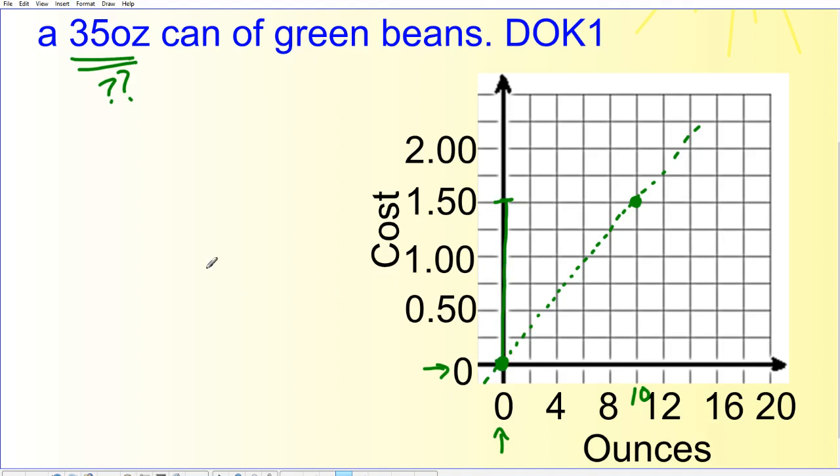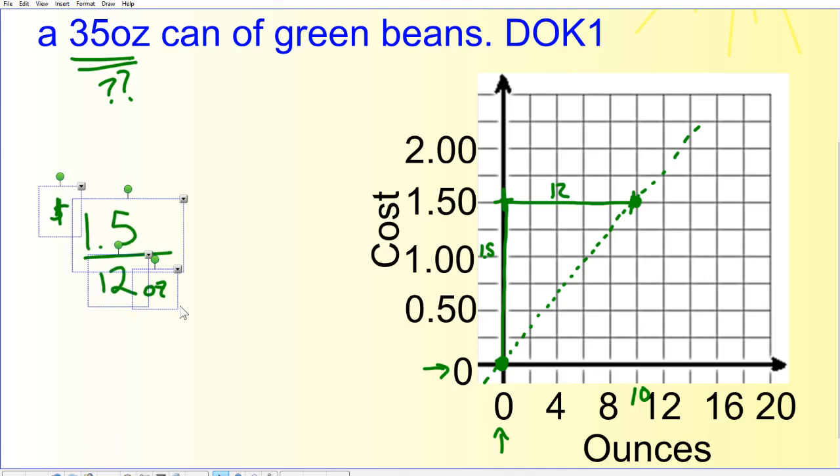I went up 1.5 or $1.50. How far over did I go? I went from 0 ounces of green beans to 12 ounces. So I went up $1.50 over 12. Is that helping us out yet?